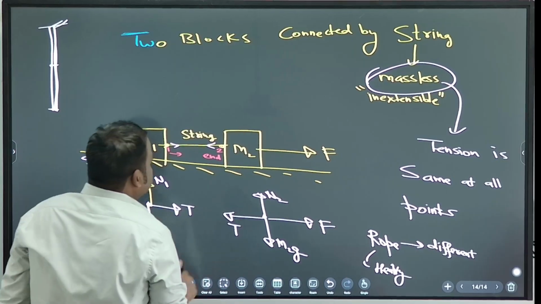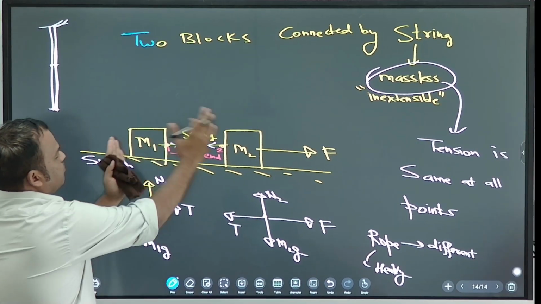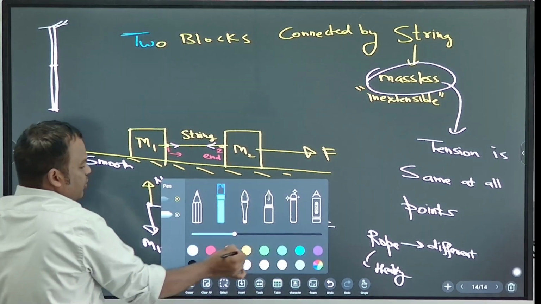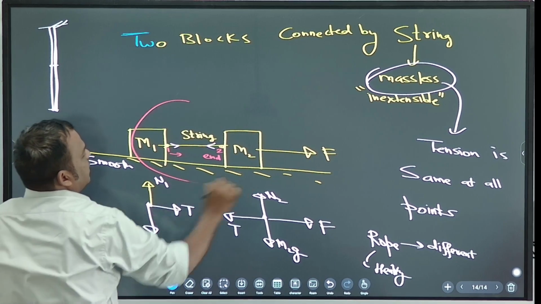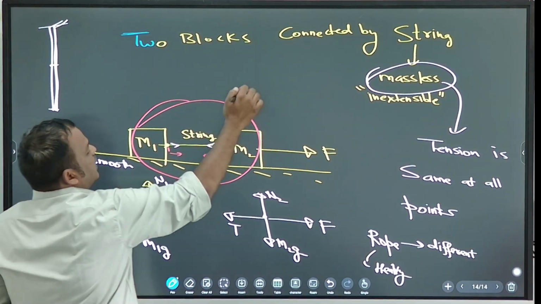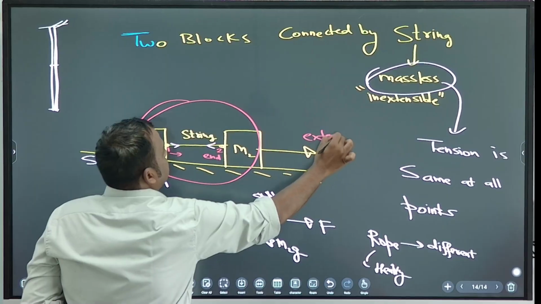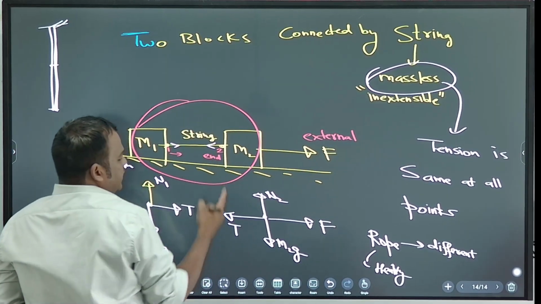Okay, fine, good. Now find acceleration. How to find acceleration? So they are combined. So when you combine these blocks, what is the total mass? Combine these two. What is the total mass? m1 plus m2. And what is the external force? F. Tension is internal force.